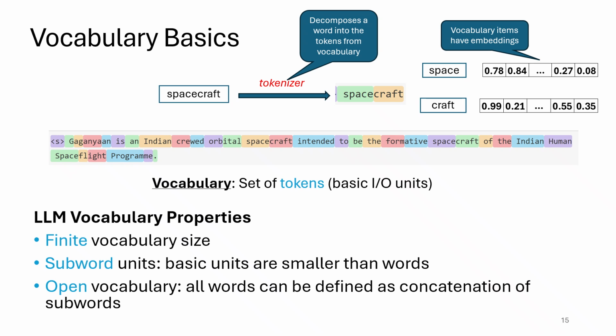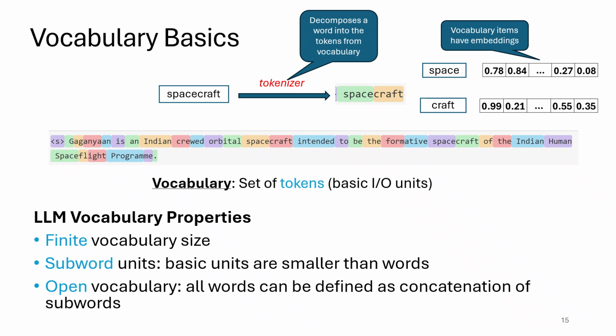Each token has associated with it an embedding which captures the semantics of the token and its relationship to other tokens in the vocabulary. For example, you can see that this sentence here is tokenized into multiple smaller units, and this unique set of tokens constitutes the vocabulary of the language model.